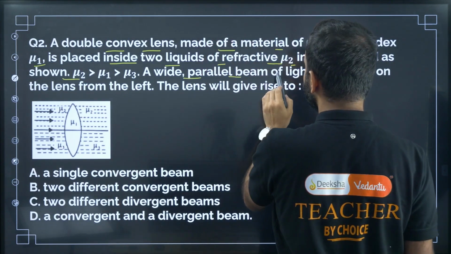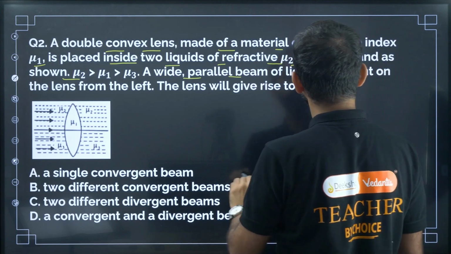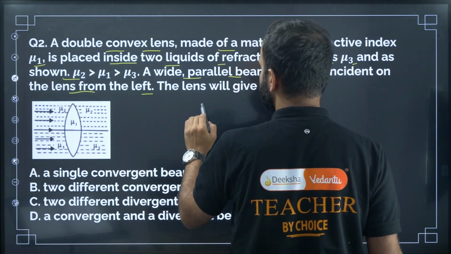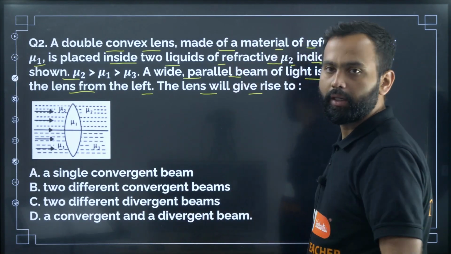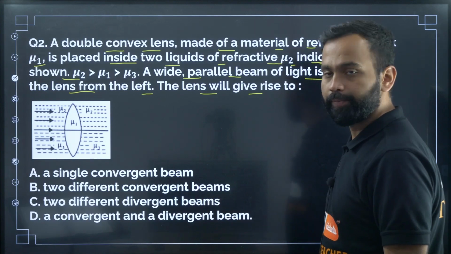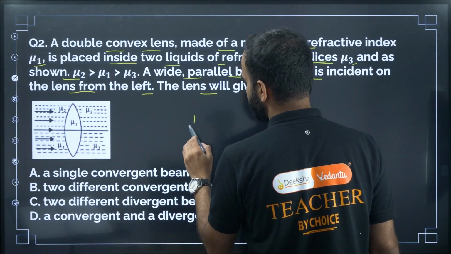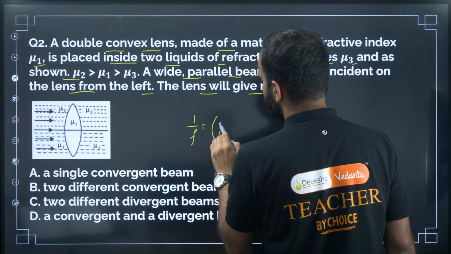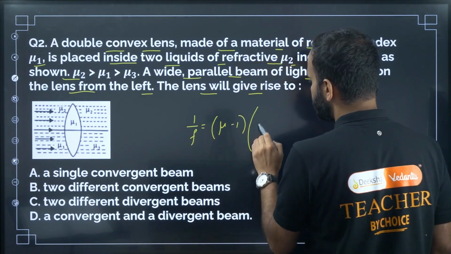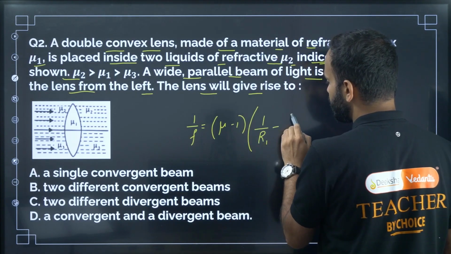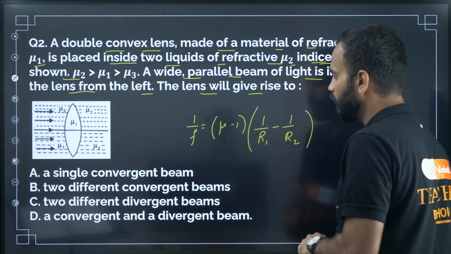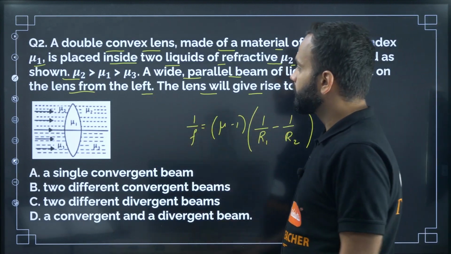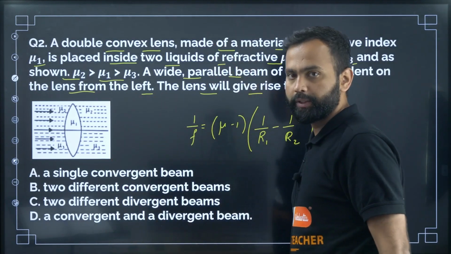A wide parallel beam of light is incident on the lens from the left. The lens will give rise to, again this one is also a direct question. Apply lens maker's formula. 1 divided by f is equal to mu minus 1 into 1 by r1 minus 1 by r2. Here mu2 is greater than mu1 is greater than mu3.